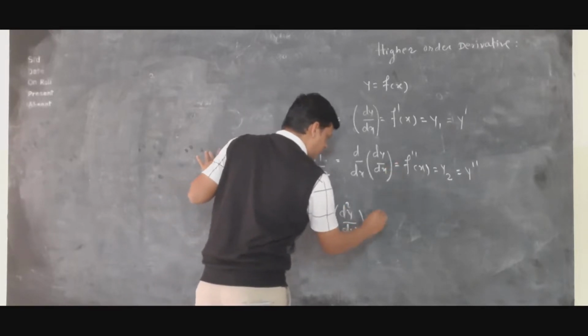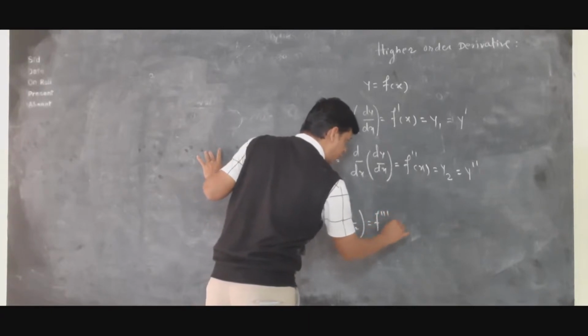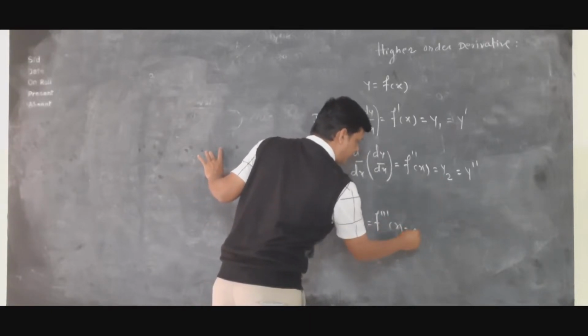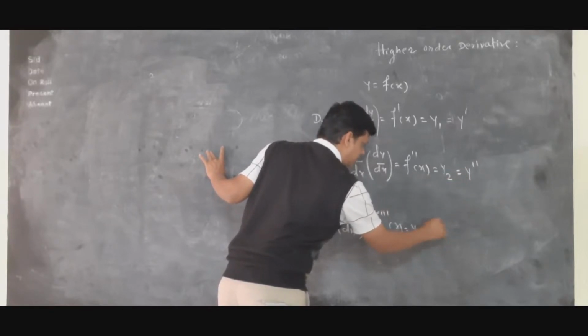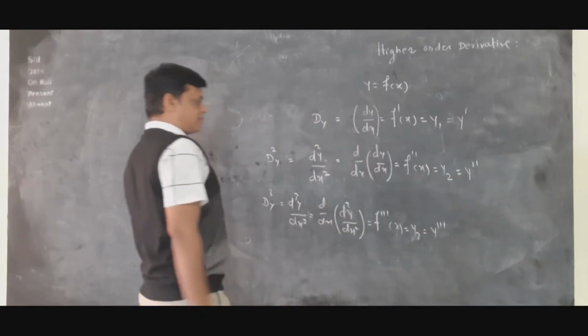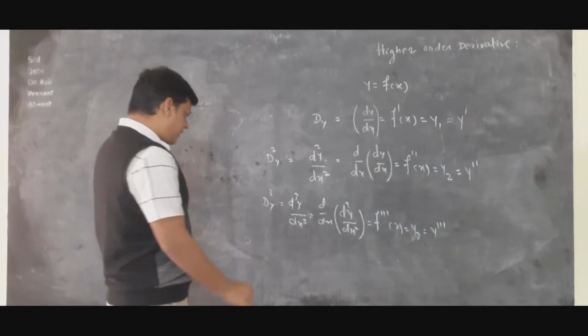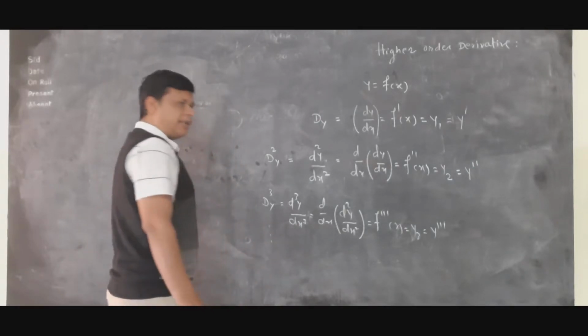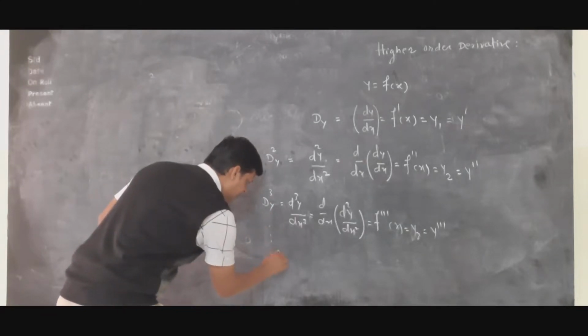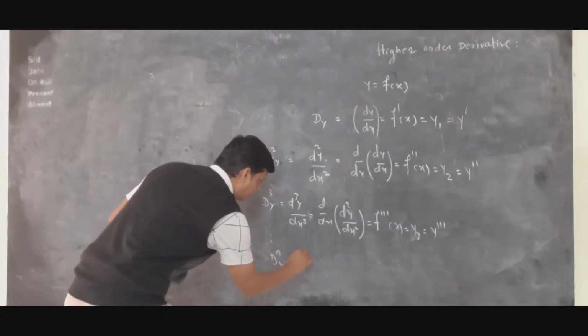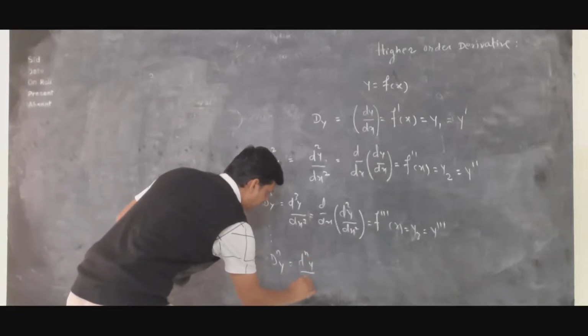This f double dash of x we write f triple dash of x. This y2 if we differentiate we write y3, and instead of y double dash we write y triple dash for the third order derivative. That means if we find the nth derivative, we write dny by dxn.